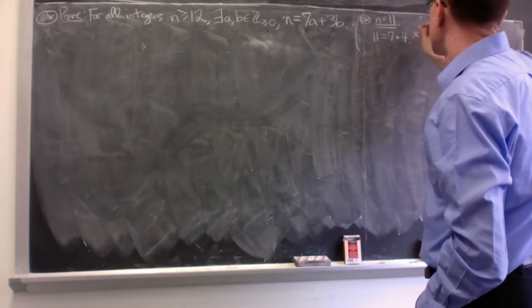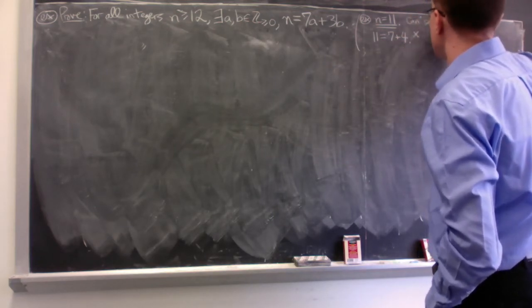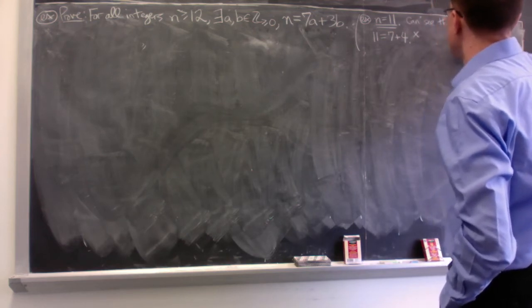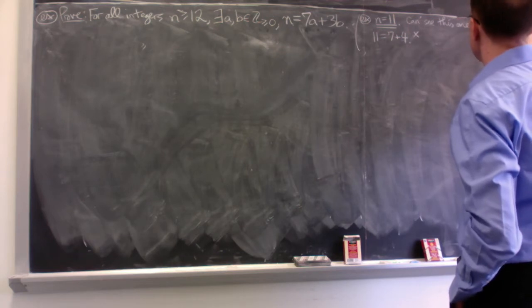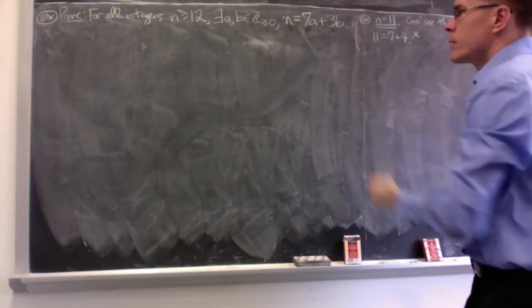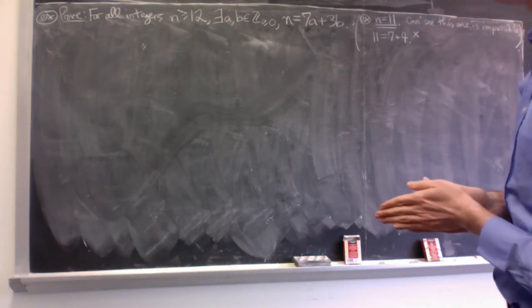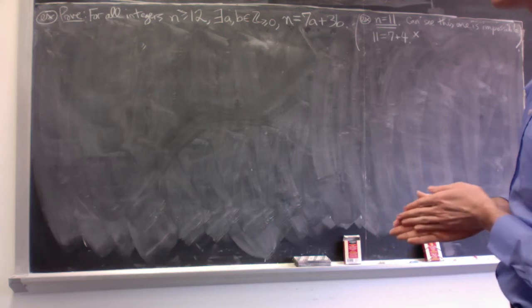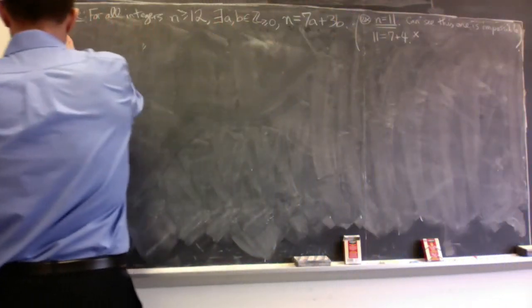So basically, you can see, I didn't write all the details, but you can see that's impossible. You cannot write 11 in this way. Okay, and so now you might worry about, well, what about 12? And that's what the proof's going to show. It's going to work from 12 on.